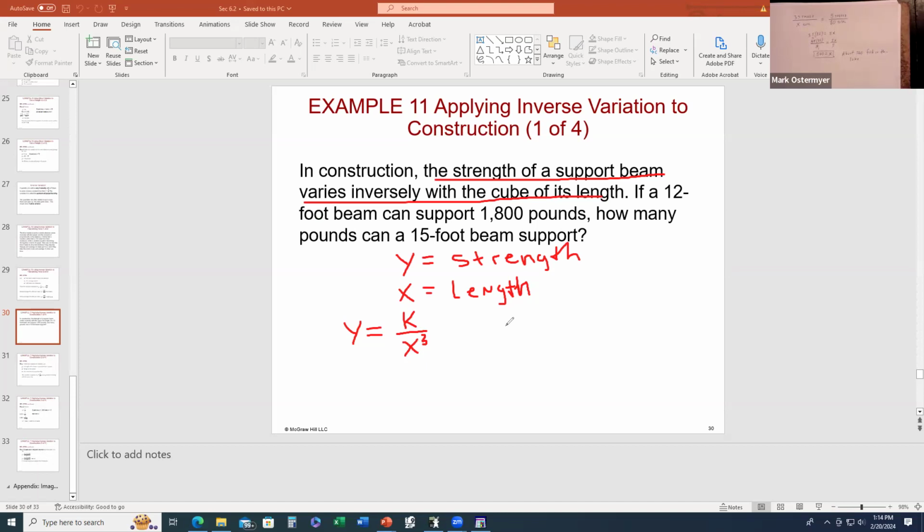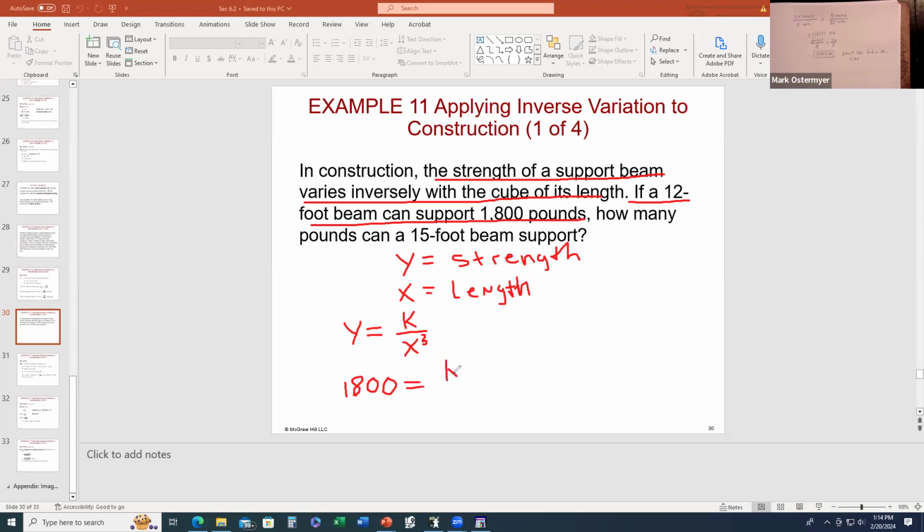Now, how can we find K? We can find K if we just have some data. And what data can we use? We can use this data. If we have a 12-foot long beam, it can support 1,800 pounds. So to find K, we're going to replace Y with 1,800 pounds.